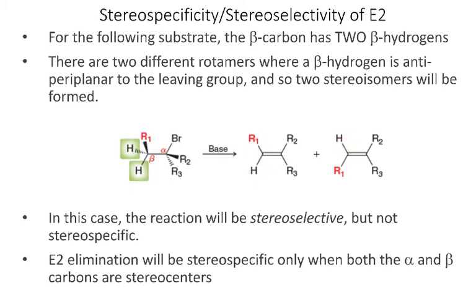And so we don't have to worry about the stereospecificity. We would have to look at stereoselectivity. And so we can't tell that from this example because we don't know what these R groups are. But E2 reactions are only stereospecific, essentially, when both the alpha and beta carbons are stereocenters.